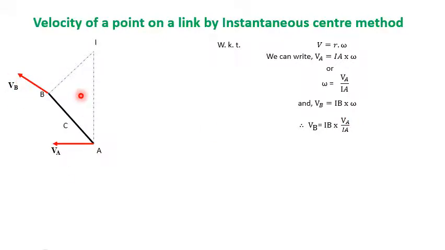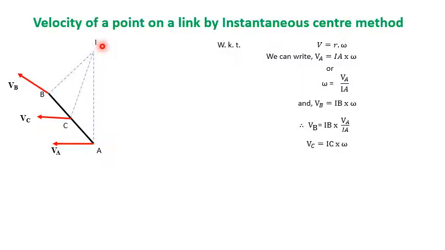Suppose I have another point C on link AB, and its velocity is VC and acting in this direction. So I want to find the magnitude of this velocity. Similar procedure: draw a perpendicular line to this direction of velocity, and it intersects at a particular point. That intersection point is nothing but the instantaneous center.